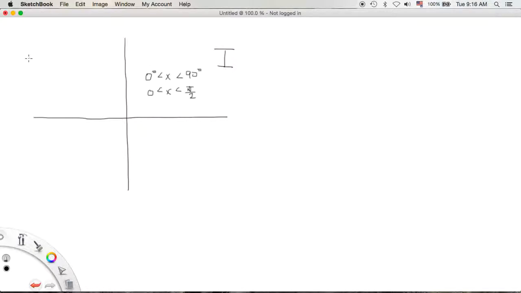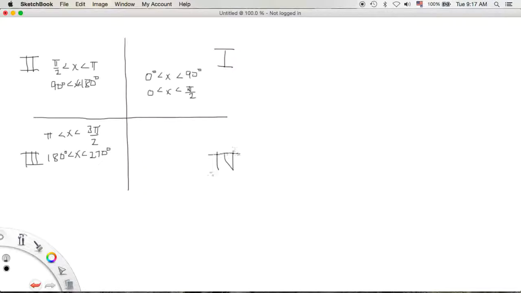And in the second quadrant, the standard position of the angle would be from pi over 2 to pi, or from 90 degrees to 180. And then in the third quadrant, the standard position would be from pi to 3 pi over 2 radians, or 180 degrees to 270 degrees.